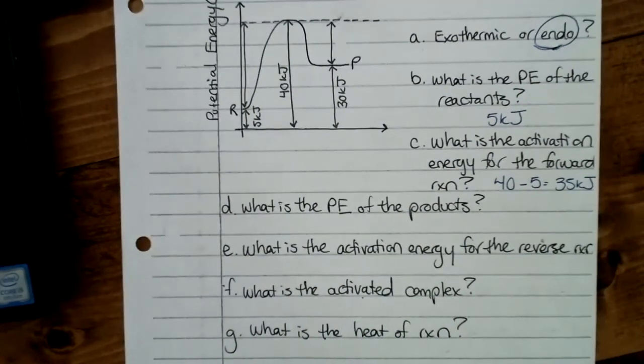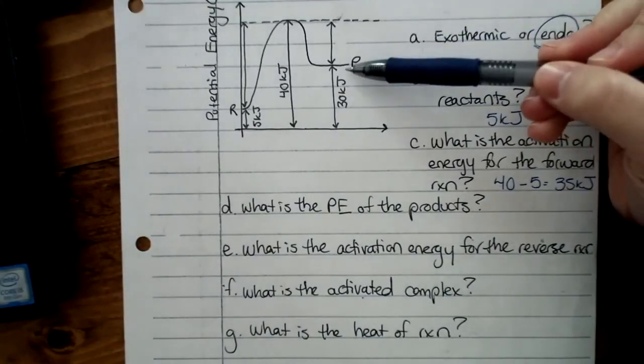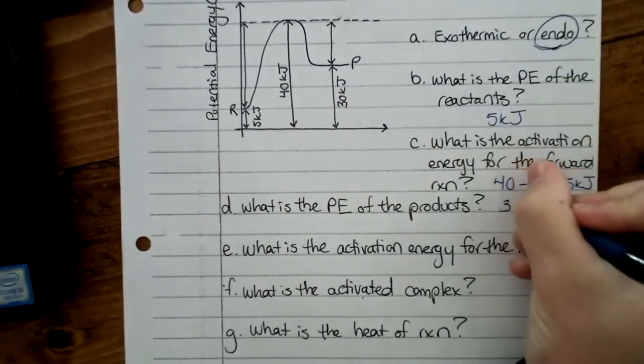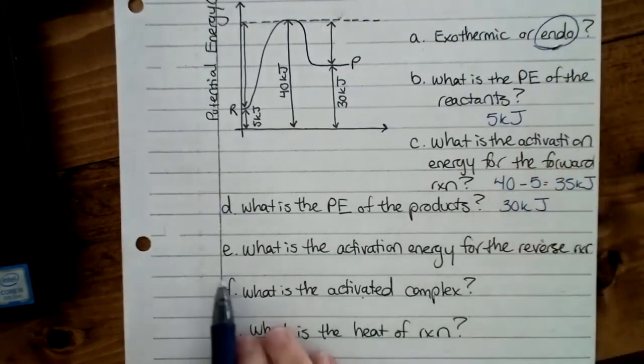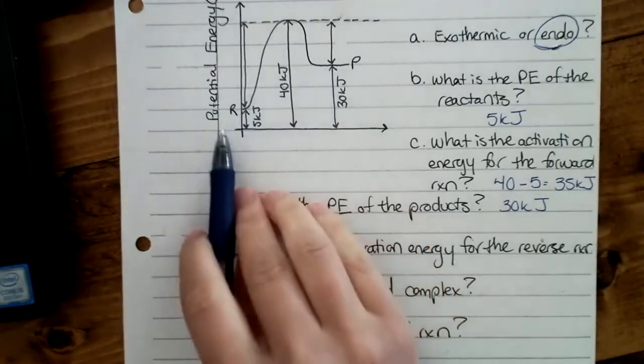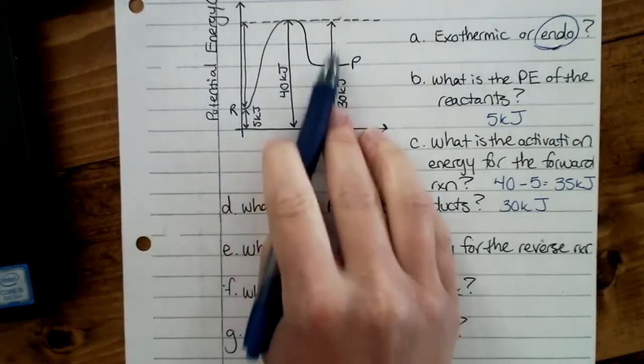Letter D, what is the potential energy of the products? So the products, how much energy do they end up with? 30 kilojoules. Letter E, what is the activation energy for the reverse reaction? So if the products want to go back to their original form, how much energy do they have to gain?